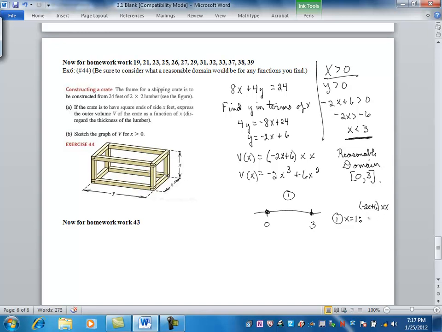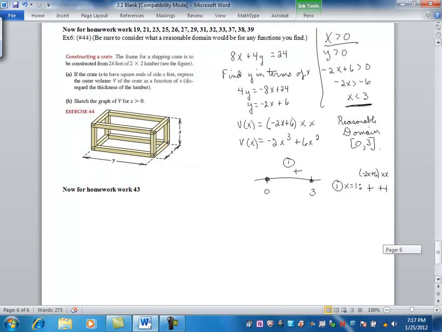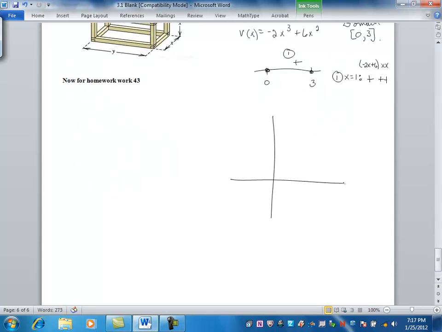Well, if x is 1, this is positive, this is positive, this is positive. We're positive within here. And so my reasonable domain, 1, 2, 3. Here we go. Here's our graph. Alrighty. And so now you are ready to go to town on 3.1. Of course, bring any questions that you have with you to class.